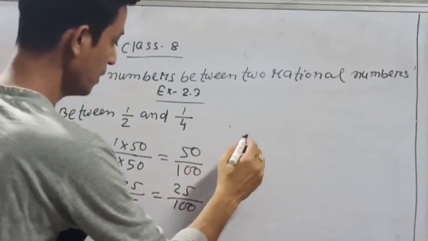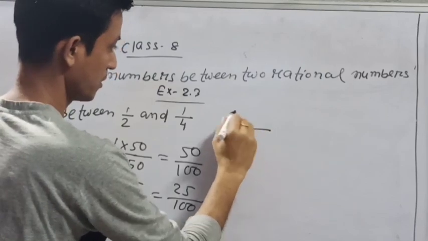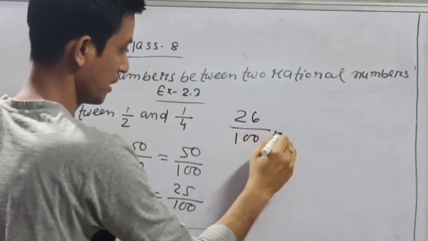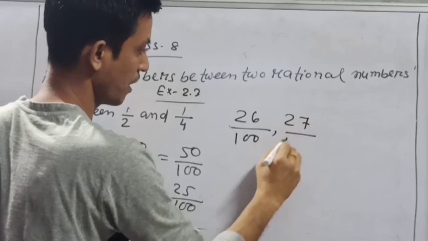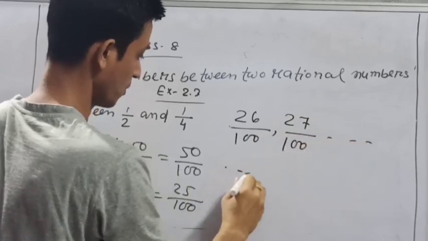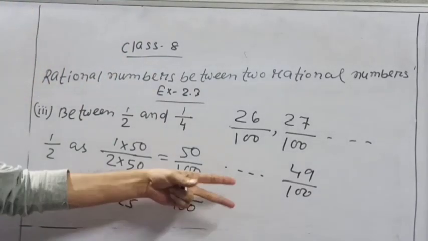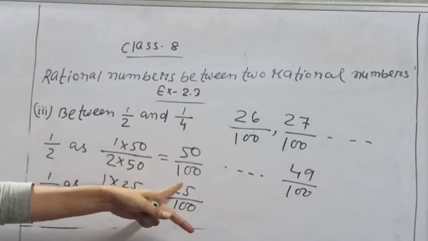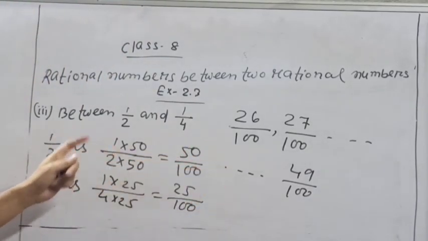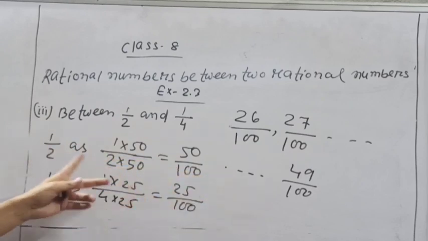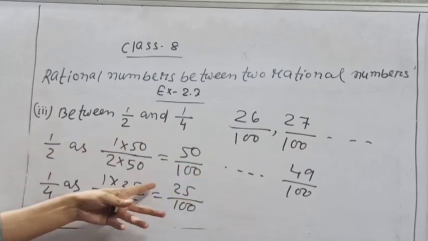26 by 100, 27 by 100, up to 49 by 100. So we'll get, I think, 24 rational numbers here. We get more and more if you take a different denominator.